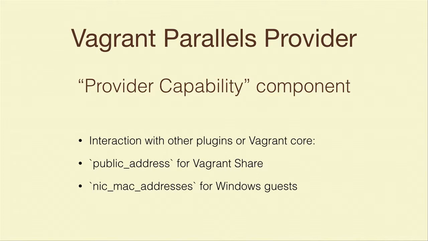Probably you know that this feature allows you to provide remote access to your virtual machine from the external network, from the internet or whatever. It works through some kind of proxies, but it doesn't matter. In our particular case, when we tried that feature with the VirtualBox provider, it worked fine. When we ran it with Parallels Desktop, it didn't work at all, and a pretty designed error message was displayed in our terminal.